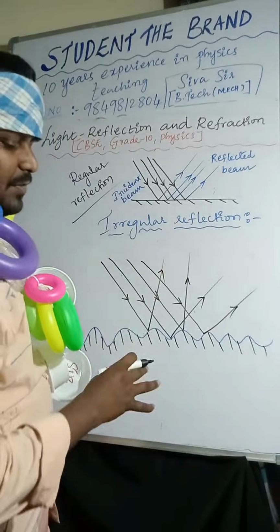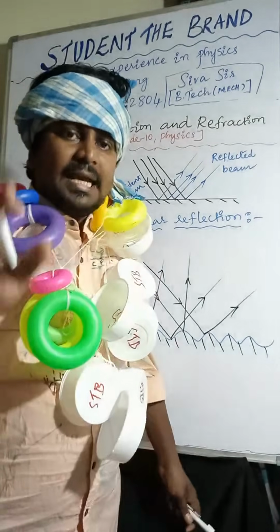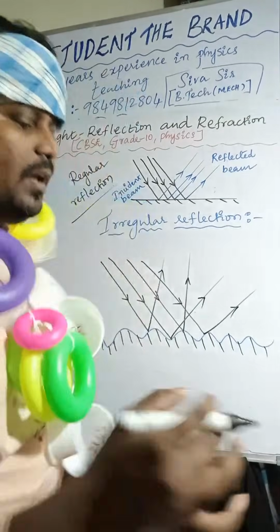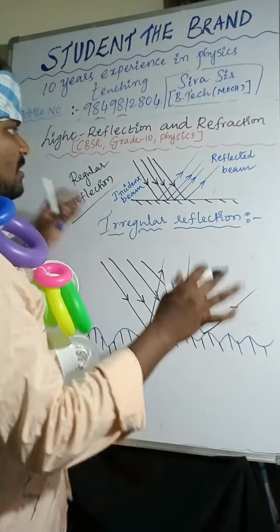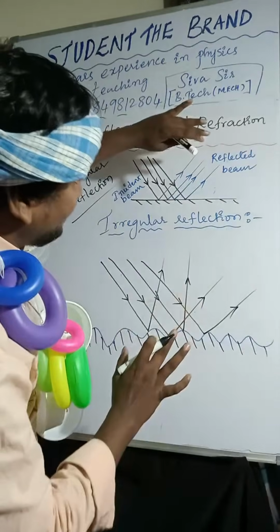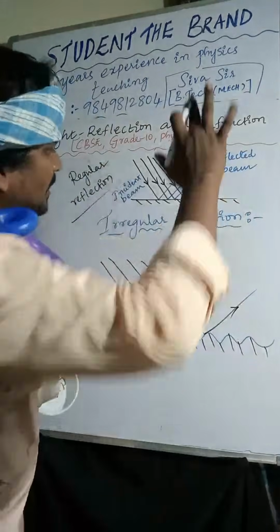Irregular reflection takes place on rough surface.